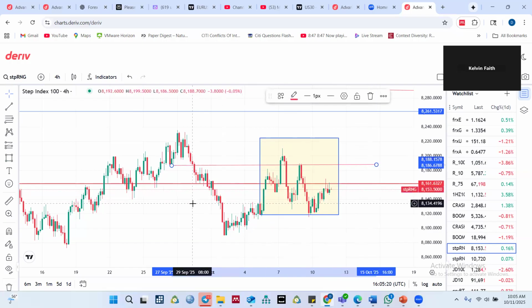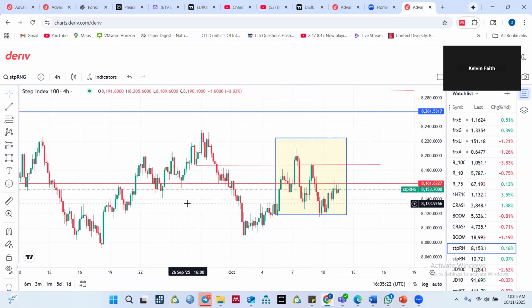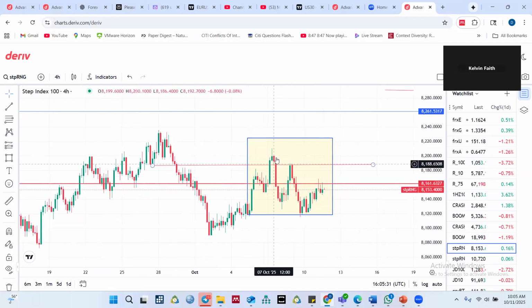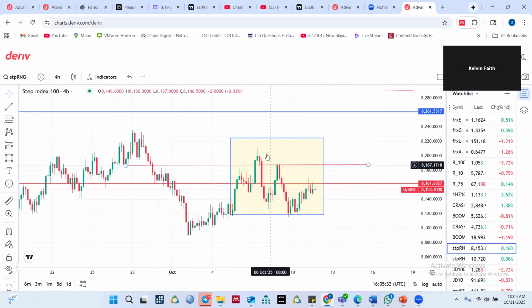Great. Inside this yellow shaded area, price has given us, on this 4-hour time frame, let's see the structure.